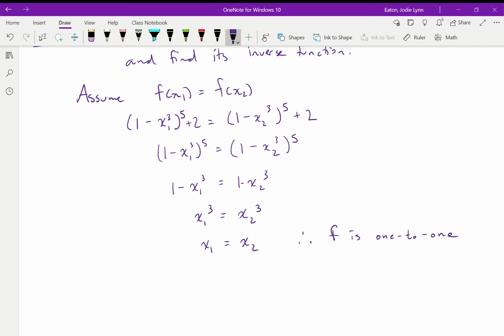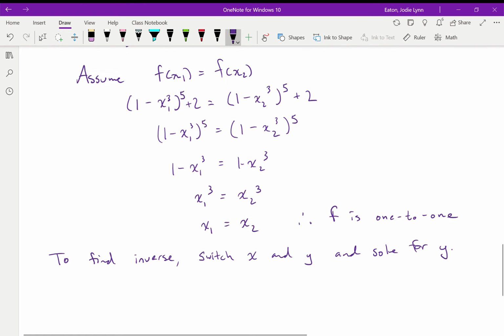Now, when we want to find the inverse function, to find the inverse, we switch x and y and solve for y. So we're taking our y's as the input, and that's why that works.